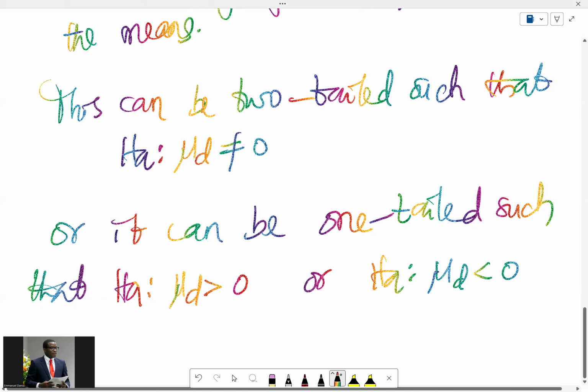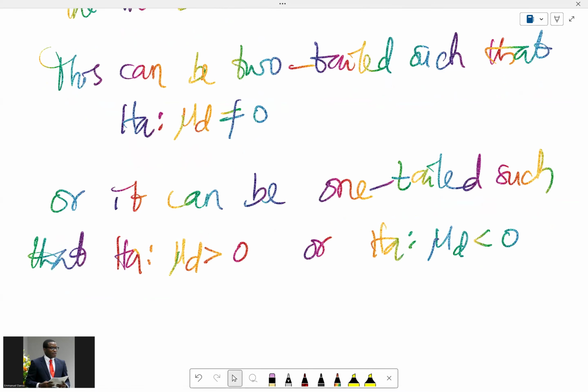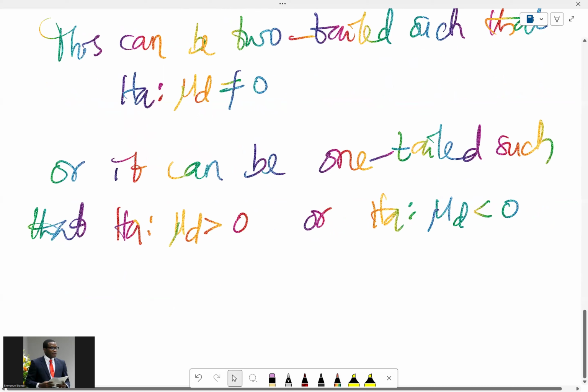When you talk about greater than or less than, that becomes one-tailed. But if it is just not equal to 0, then that is two-tailed.